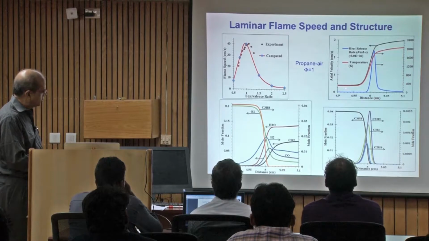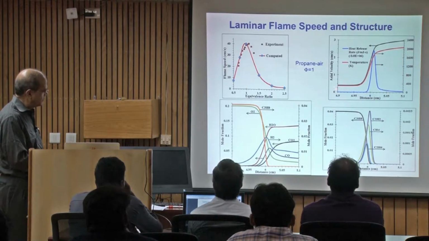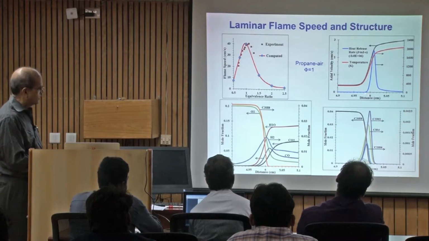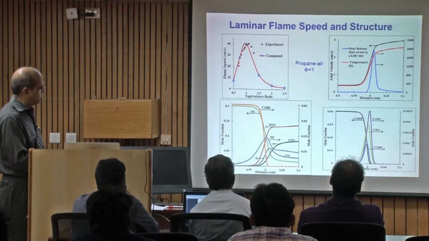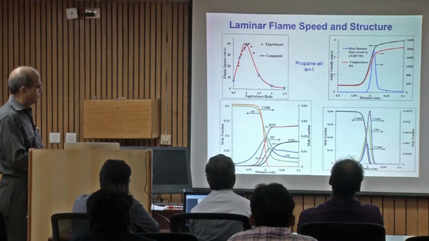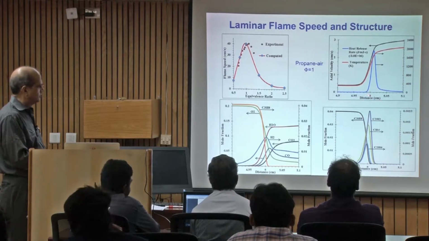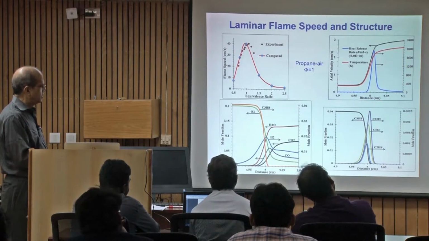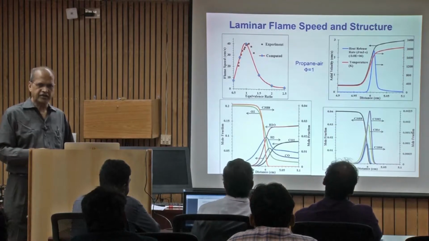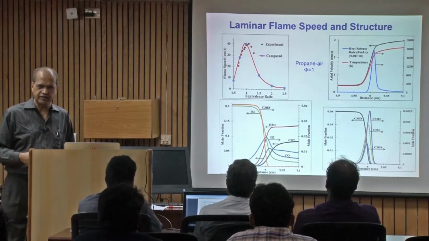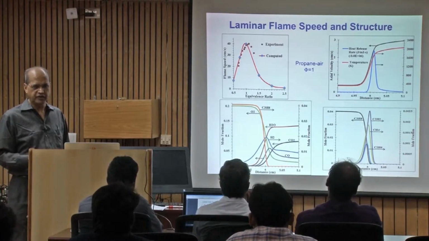This is near the flame, 4.9 centimeters from the entrance. And you can see how thick the flame is. To get the flame thickness, the reaction zone, you can plot the heat release rate. So that's the heat release rate. You can also plot the reaction rates for different species if you want. So it gives you a lot of tools to analyze this in detail, a lot of data to analyze.